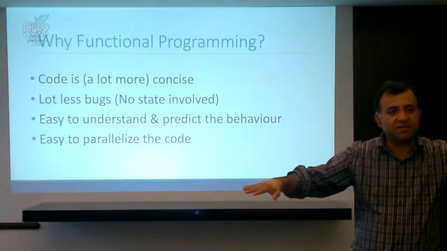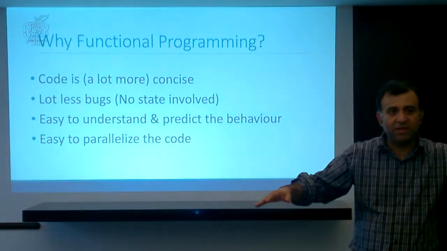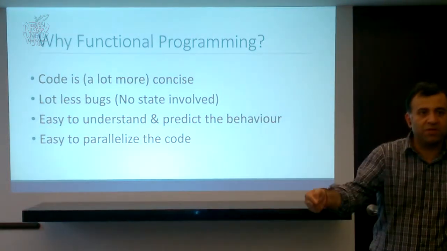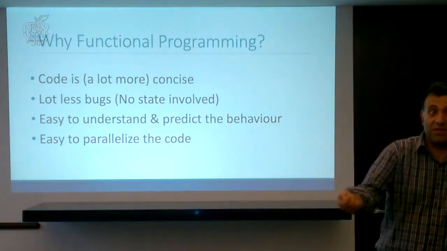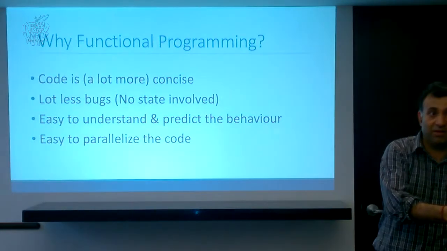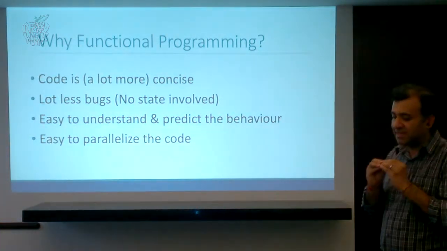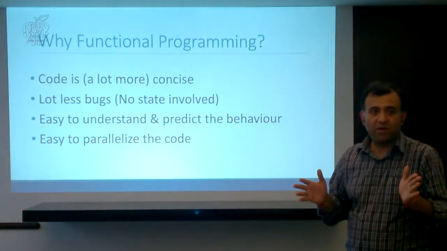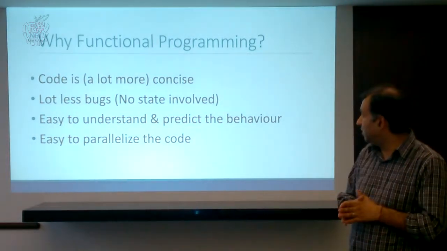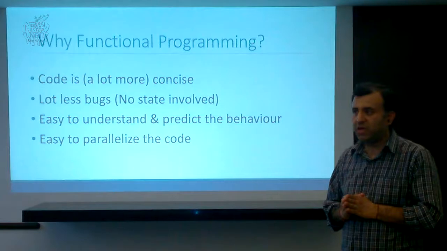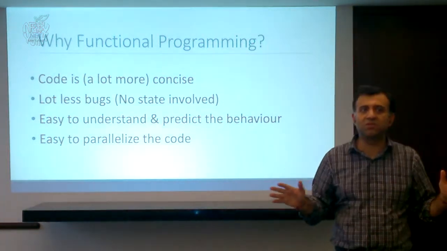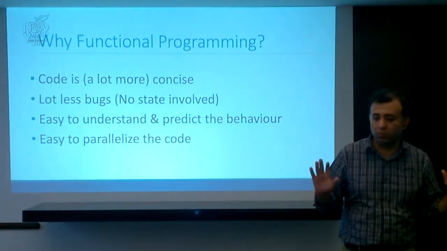I could have 10 instances of that function running simultaneously. I don't have to worry about them interfering with each other because there is no side effect. One cannot affect another. So functional programs by definition lend themselves to parallel programming very well. Particularly in Haskell, you could have literally thousands and thousands of threads running simultaneously without any issues.